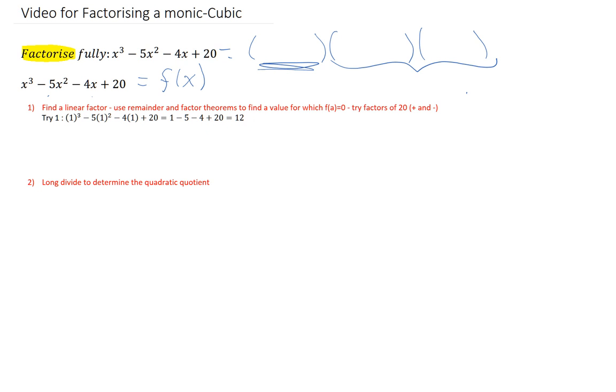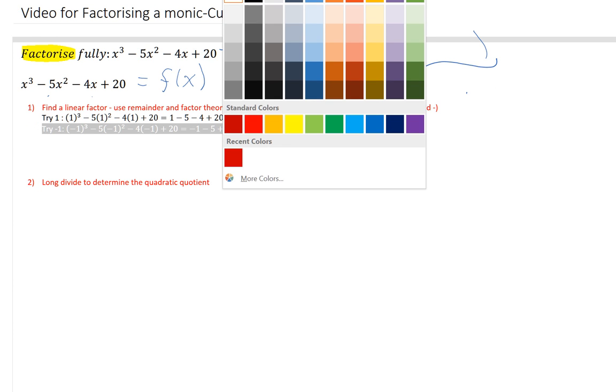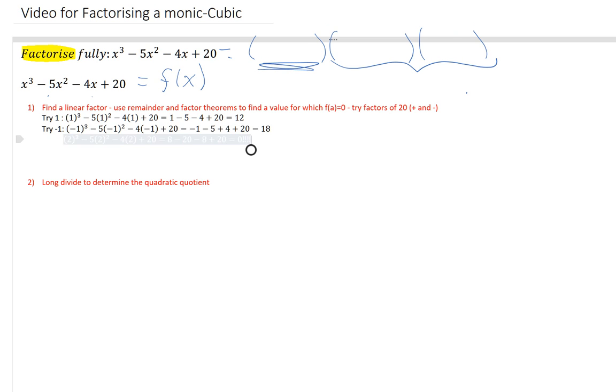Not what we're after. I try the next one. So maybe I'll try negative 1 next. Put in negative 1, and I get negative 1 cubed minus 5 times negative 1 squared minus 4 times negative 1 plus 20. Isn't looking too promising. Minus 1 minus 5 plus 4 plus 20. Still not what I'm after.